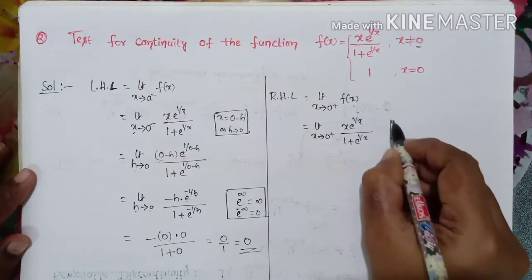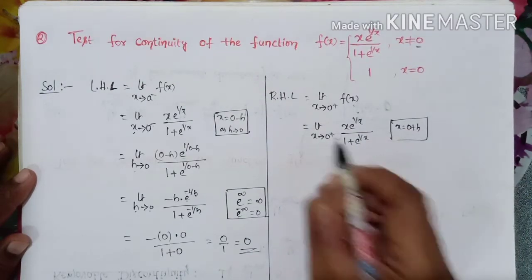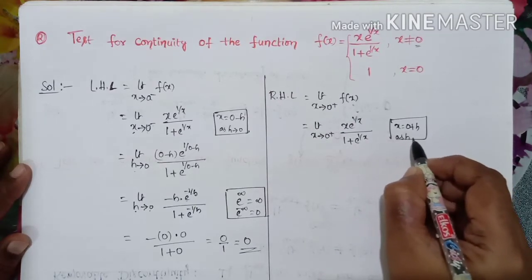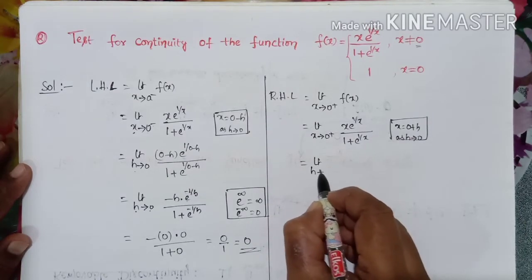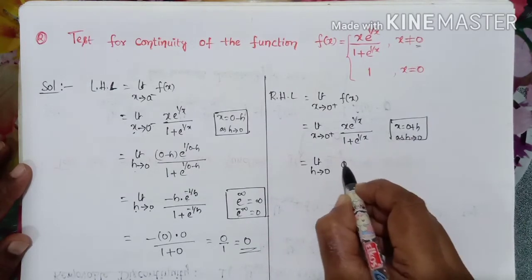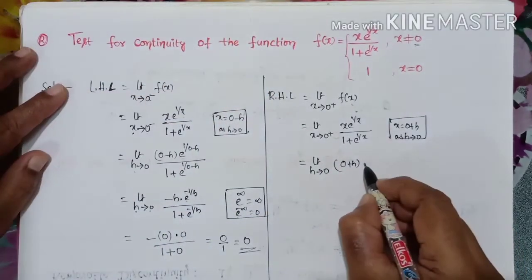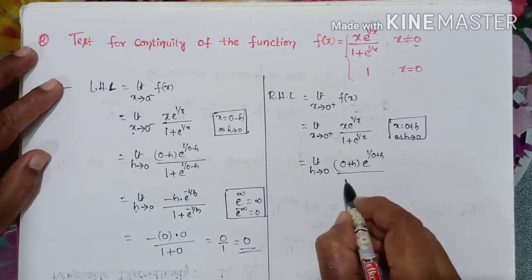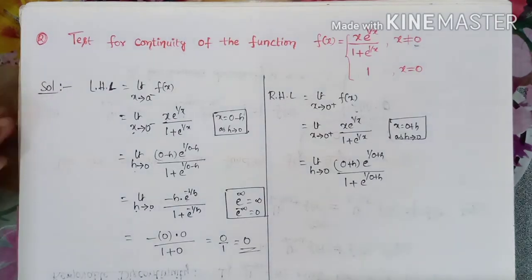Now we replace x by 0 plus h, which means we have to replace x by 0 plus h as h tends to 0. The limit as h tends to 0, we are replacing x by 0 plus h: e power 1 by (0 plus h) by 1 plus e power 1 by (0 plus h).